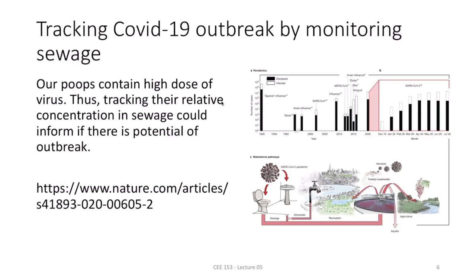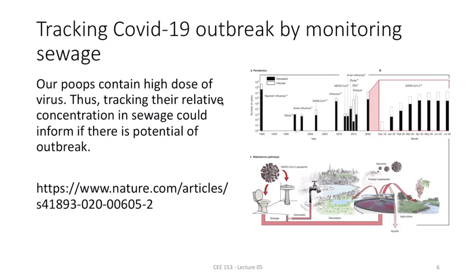When our body is creating these viruses, the viruses are growing inside our body. They are also everywhere in our cough, in our saliva, and most importantly in our poop. So even though we don't know that we are infected, we are releasing them through our poop in our restroom.